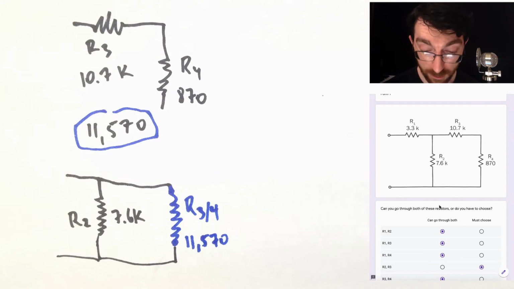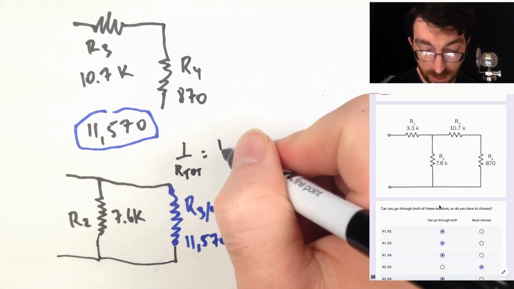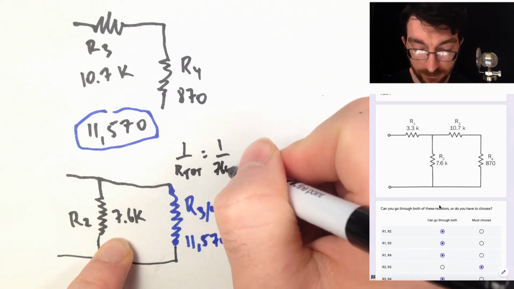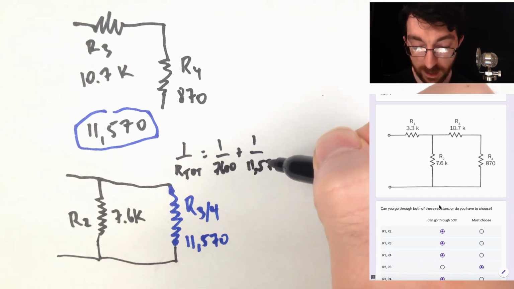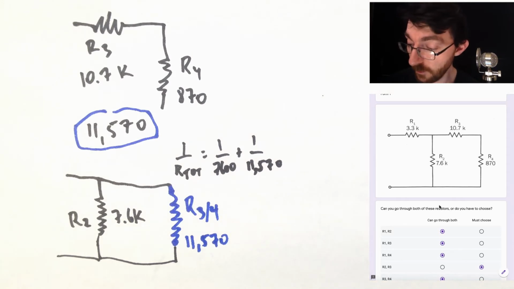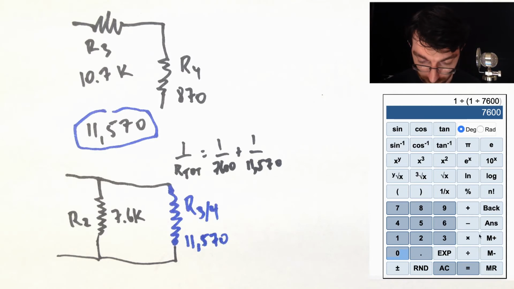That this pair of resistors has been replaced by this single resistor, which is equivalent to it. Now they are in parallel, which means that we have to add them up like this. 1 over the total resistance equals 1 over 7.6K plus 1 over 11.570K. So that's obviously pretty hard to read in marker, so let me go ahead and do that on the calculator. Let me clear this. So I've got 1 over parentheses 1 over 7600. That would be that part, plus 1 over 11,570 close parentheses.